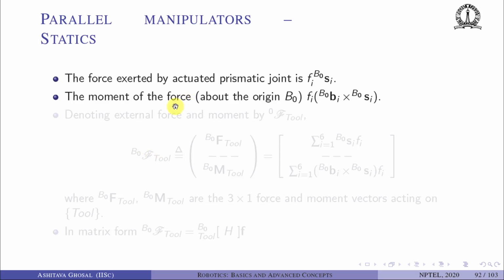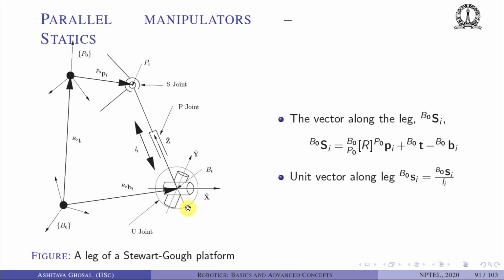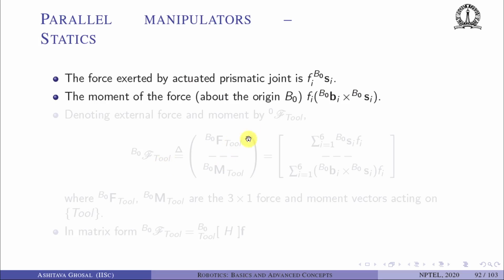So the force exerted by the actuated prismatic joint is F_i times B0 S_i, along the unit vector. The moment of the force about the origin B0 will be this vector cross that force, which is what is written here: B0 B_i cross B0 S_i times F_i.